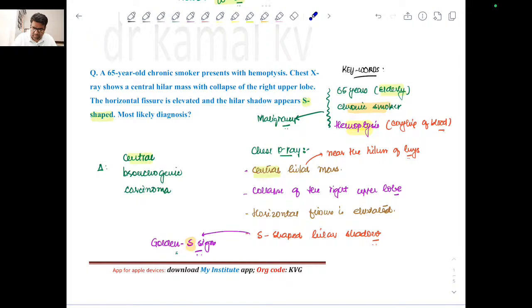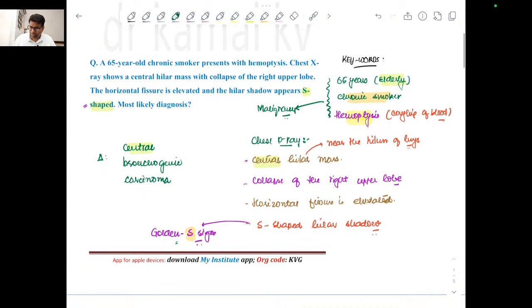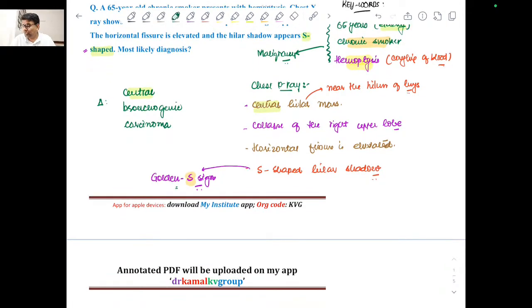So this is the classical clue based on which you should answer as central bronchogenic carcinoma. Clear? So golden S sign, remember that. And obviously elderly male, chronic smoker, hemoptysis, the doubt should be about a malignancy, lung malignancy, right? So this is how you will approach this particular question.